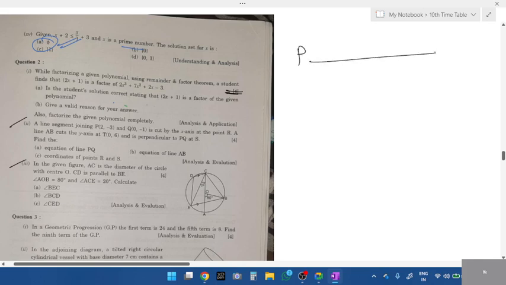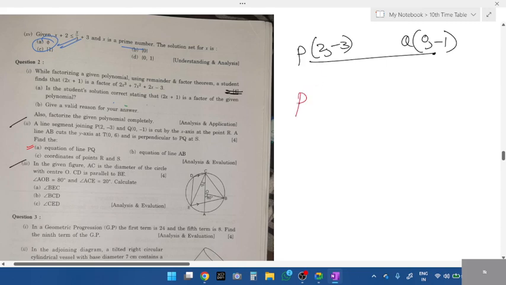First, let us take the first line PQ. All of you will respond. What is the P value? 2, minus 3. And what is the Q value? 0, minus 1. What's the first question asked? Equation of line PQ.